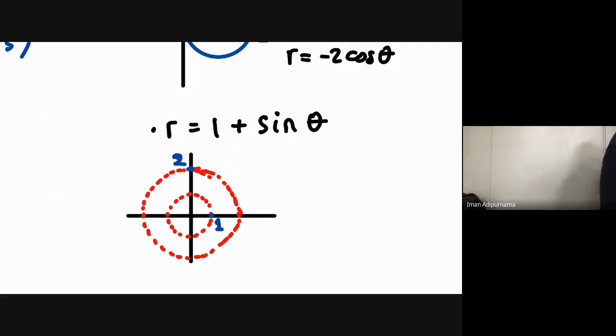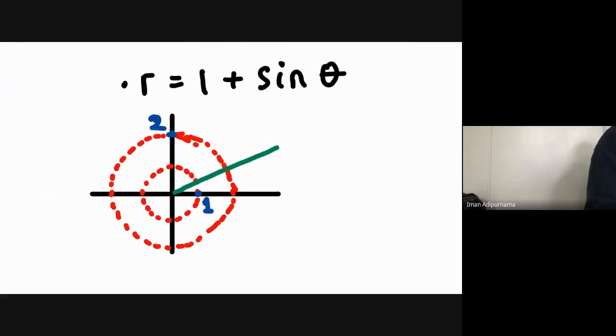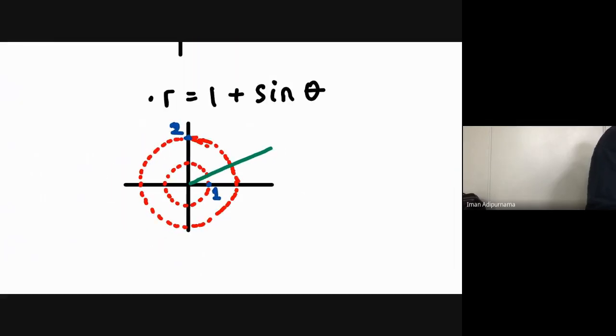Maybe I will draw the angle that way. The angle is there, maybe this is pi over 6, here at the very middle.